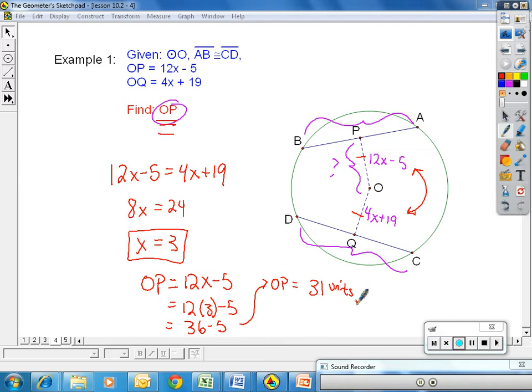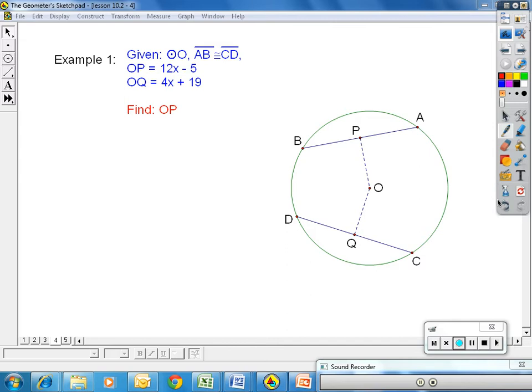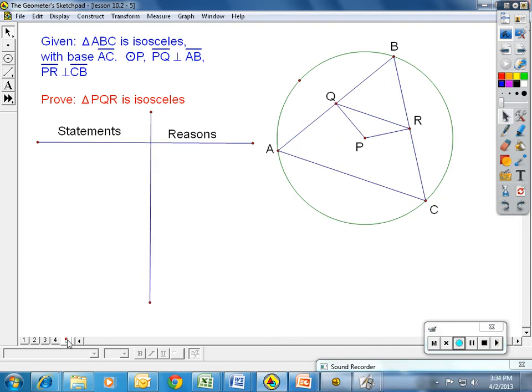And let's do a proof. One proof for tonight. Example number 2. Okay, I'm given triangle ABC is isosceles with base AC.